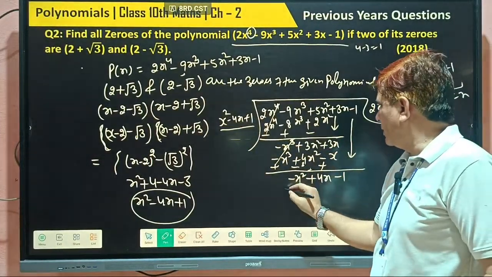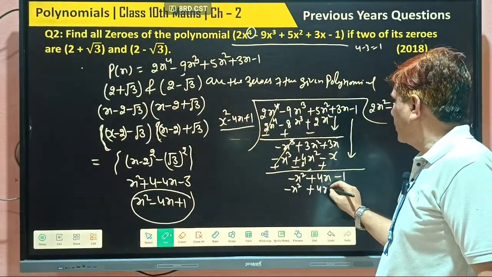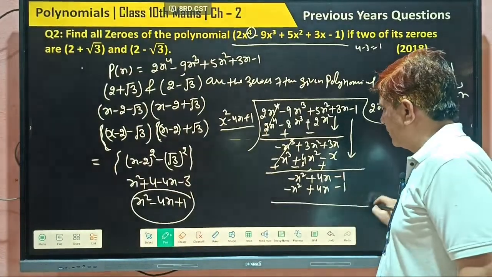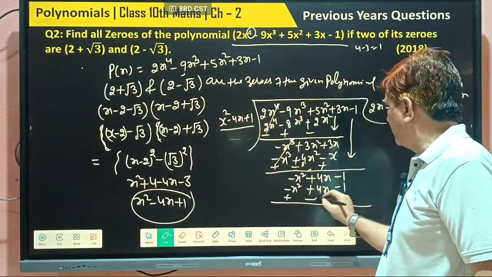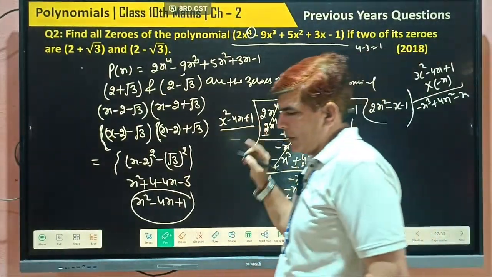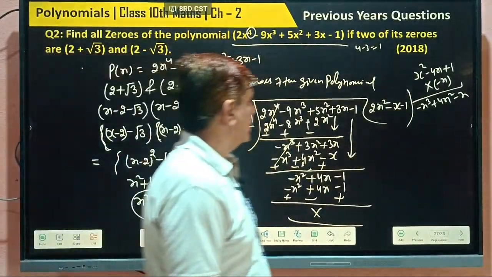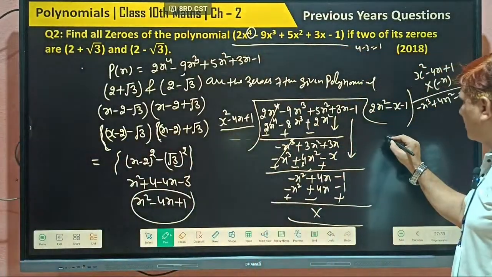If you multiply this, minus x square plus 4x minus 1. Change its sign. So what's coming? 0. Here we had taken both times minus 1, but here it is plus 1. So what's left? So this is left.